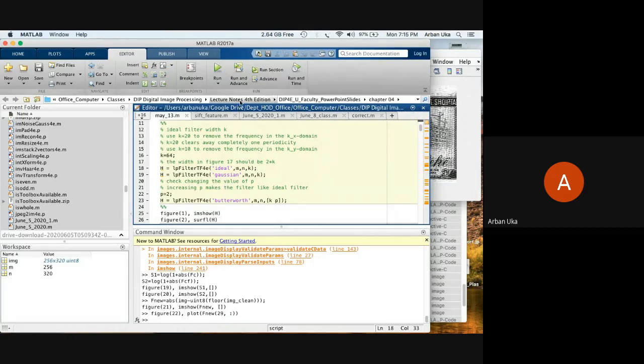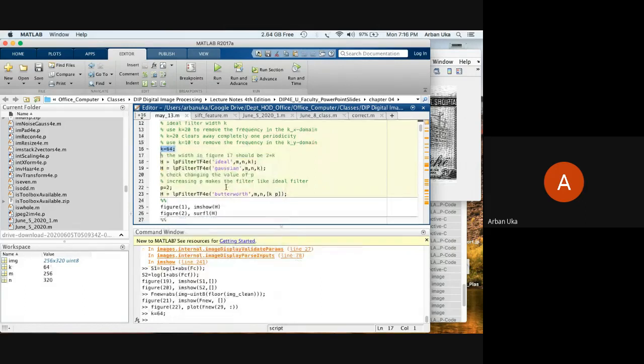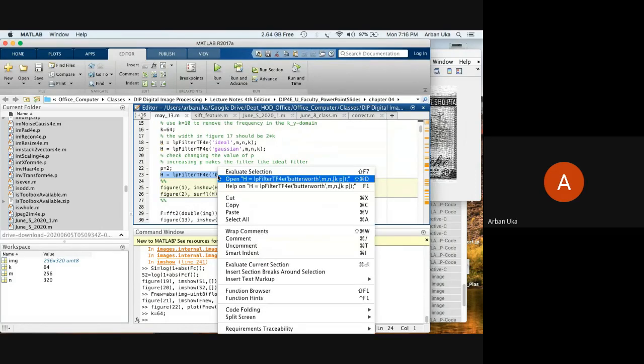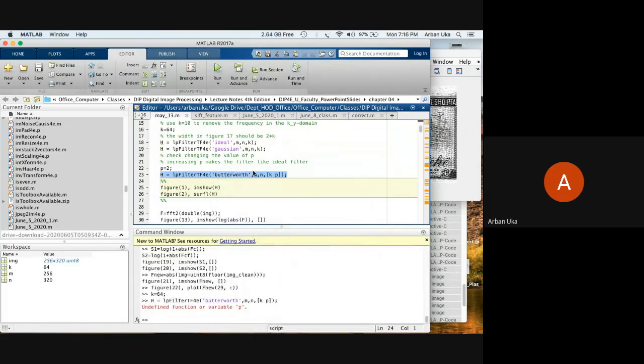Now, let's bring up a filter function, which is very good, the Butterworth filter. We have also ideal filters and Gaussian filters, but the Butterworth is really good. An ideal filter is like a step function between 0 and 1.